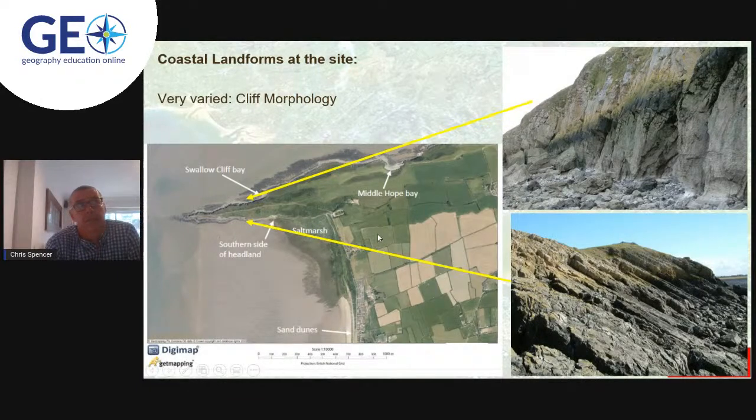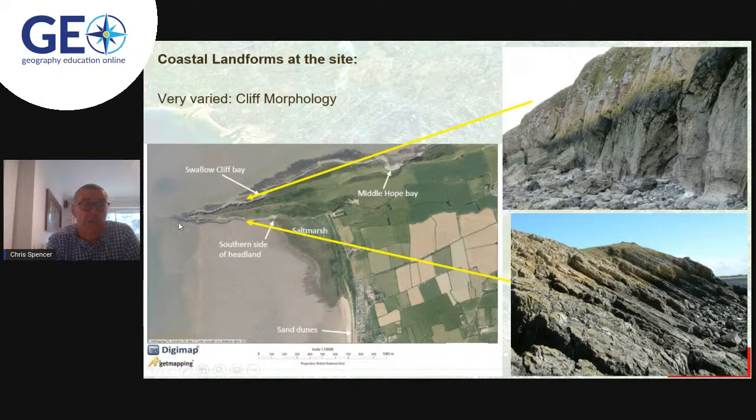And we can look at the cliffs. Either side of this headland, maybe only 150 to 200 meters apart, on the northern side of the headland we have these near vertical cliffs. And yet on the southern side of the headland, we've got these much more shallow sloping cliffs. Very different coastal geomorphology, very close by.